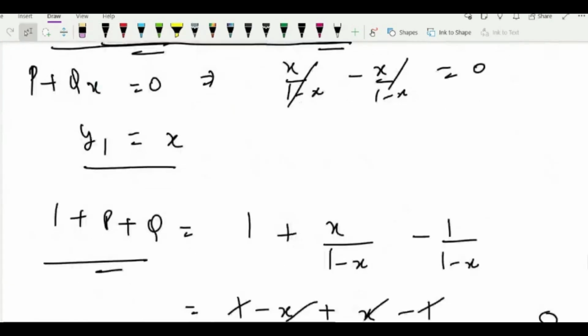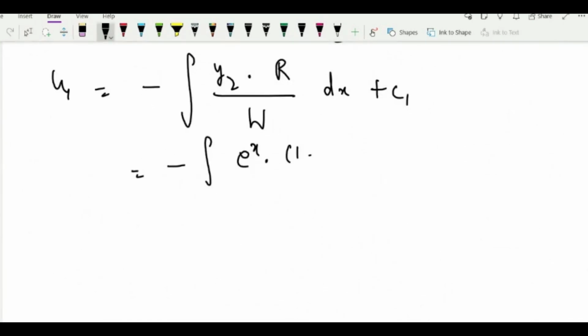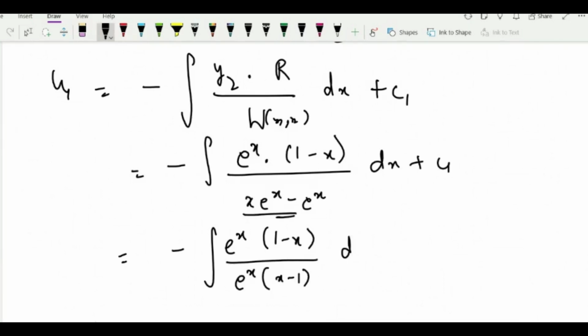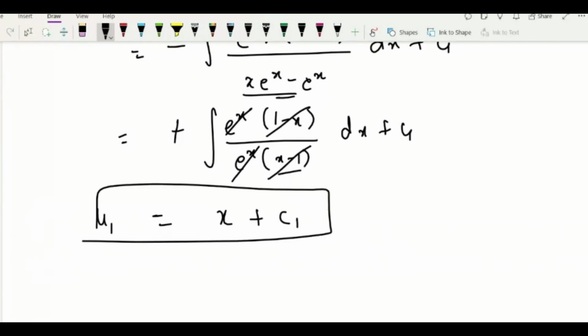So substitute r is equal to 1 minus x and the Wronskian of y1 and y2, which is x e raised to power x minus e raised to power x, dx plus c1. Just solving this, e raised to power x times 1 minus x, taking e raised to power x common from the denominator, x minus 1, dx plus c1. This will cancel out. This also cancels out with the negative sign. So we get the integration of 1, which is x plus c1. So this is our value of u1.